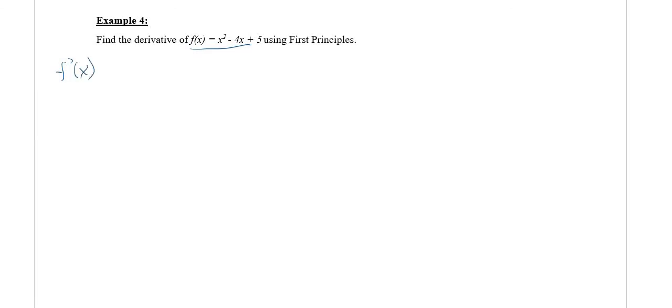So start with our limit definition. f prime of x is equal to the limit as h approaches 0 of, in this case, we need f of x plus h. That's just going to be, we're going to take each x and we're going to switch it for an x plus h. So (x plus h) squared minus 4 times (x plus h) plus 5.